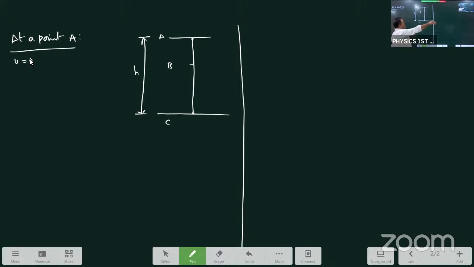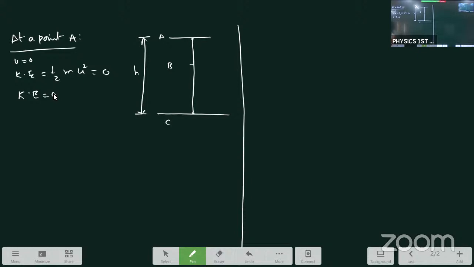Is there any velocity here? No, velocity is 0. If velocity is 0, kinetic energy is also 0, because the kinetic energy formula is half m u square. So at point A, kinetic energy is 0.